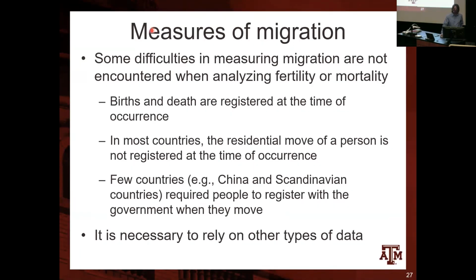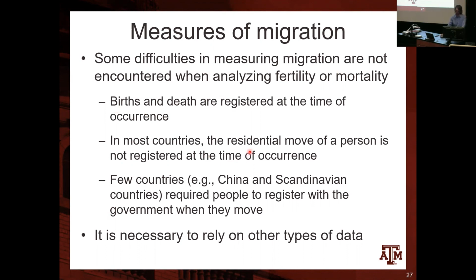And now I'm going to discuss a little more about measures of migration. There are some difficulties in measuring migration that are not encountered when we analyze fertility or mortality. Usually births and deaths are registered at the time that they happen. So births are registered with a birth certificate. Deaths are registered with a death certificate.